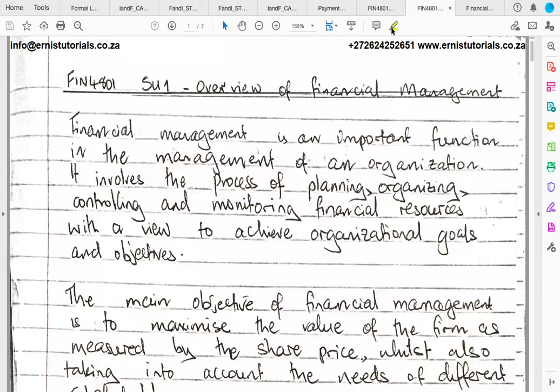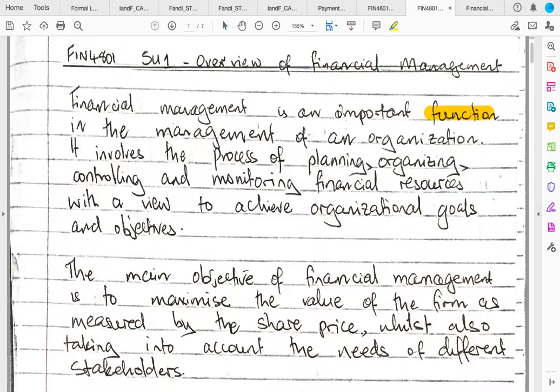So the first thing you need to note in study unit 1, which is an overview of financial management, is that financial management is a management function. It's one of the many management functions that an organization will have.